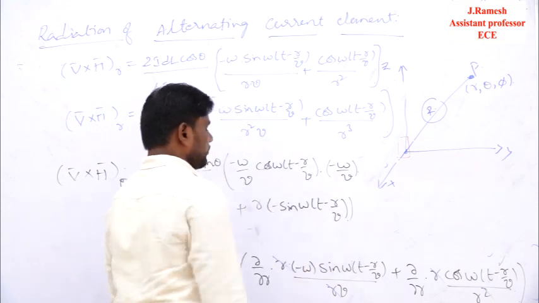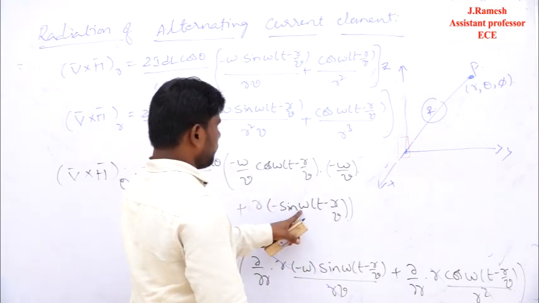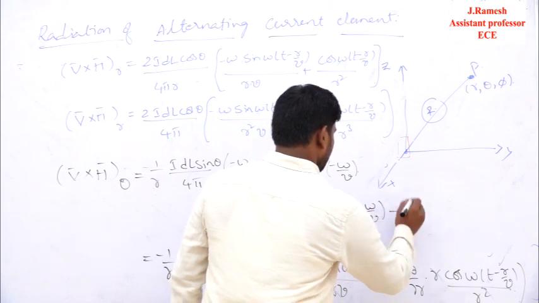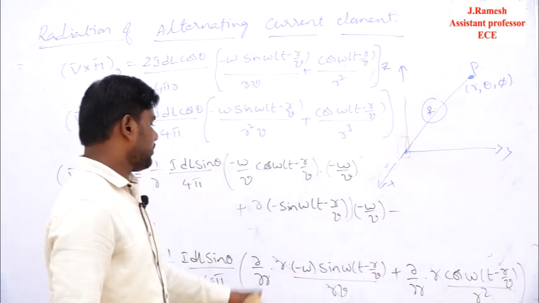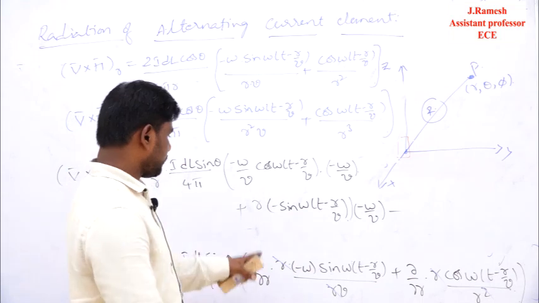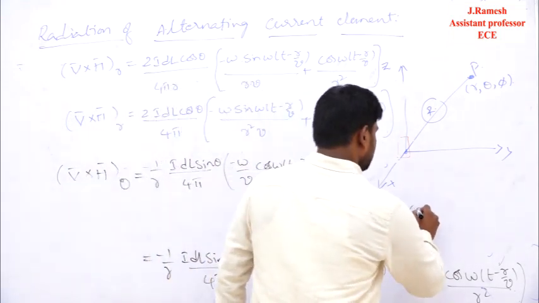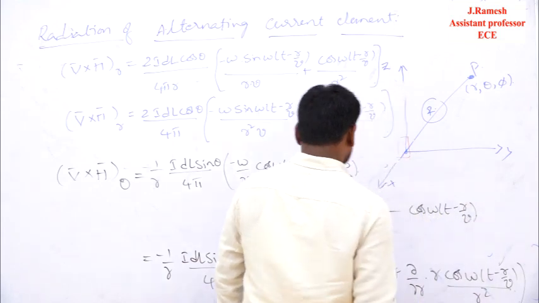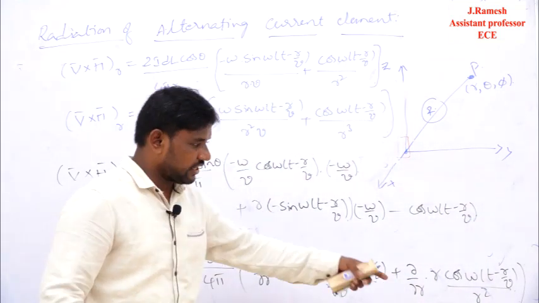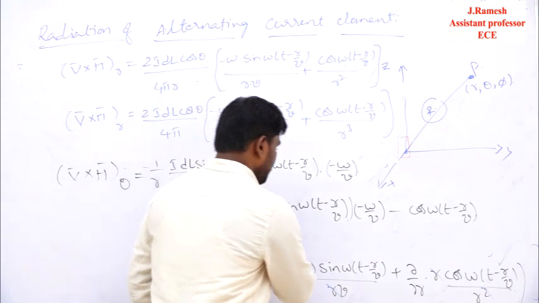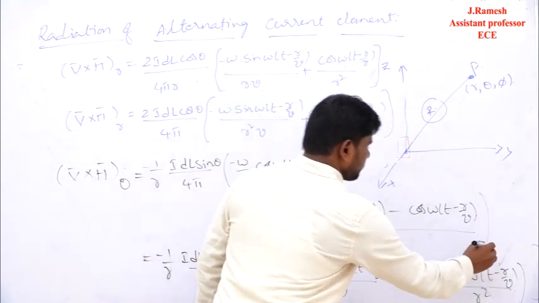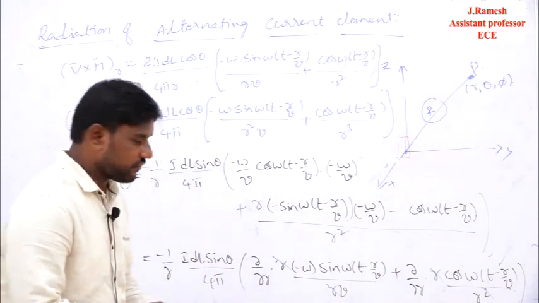The derivative of this portion is omega, minus omega by v, minus again u into v bar. What is the u value? Cos omega into (t minus r by v). The derivative with respect to r is 1 only, and the total denominator is r square. So now this is the uv formula.